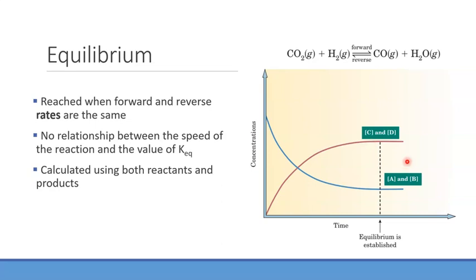Now, if we stress the system in some way, change some conditions, either by adding more of a product or reactant or changing the temperature, then we're going to see a change in the rates of our forward and reverse reaction. In other words, if you stress out the system, it is going to respond.